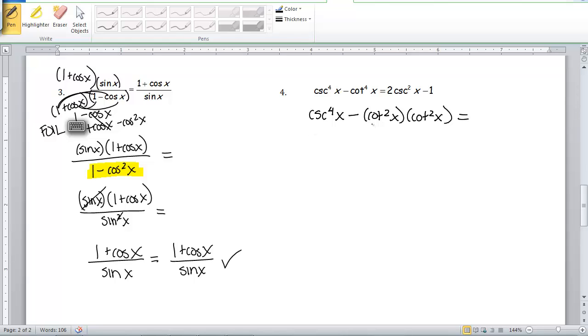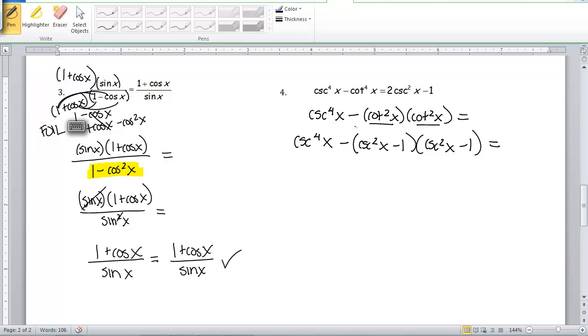This allows me to replace each of these with the Pythagorean identity. Unlike some of the other identities, the Pythagorean ones have to be squared. So I couldn't simply just say, oh, cotangent to the 4th x is the same thing as cosecant to the 4th x minus 1. You do have to have them squared.